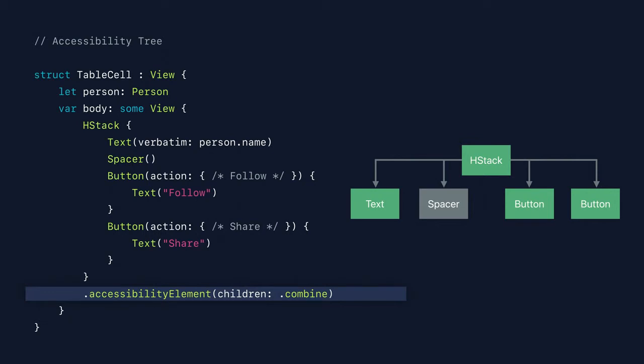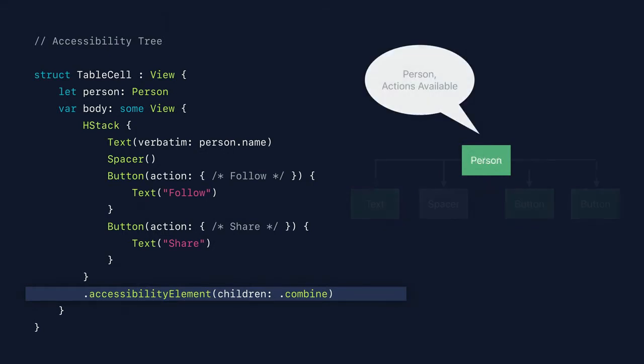Specifying .combine will merge the accessibility provided by the children into one element. In this case, the text view will provide the element's label, and the 2 buttons will automatically be converted into custom actions. And now, VoiceOver will see just one element here, which will read the person's name and that there are actions available.